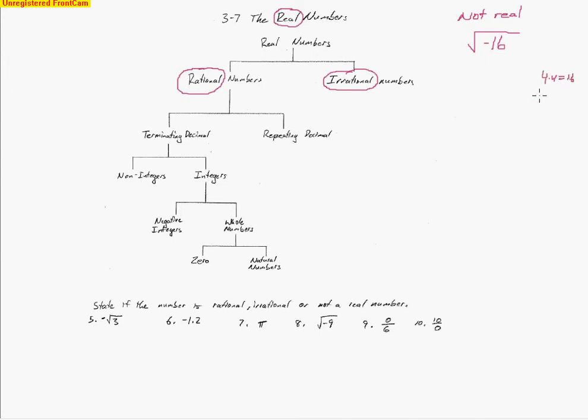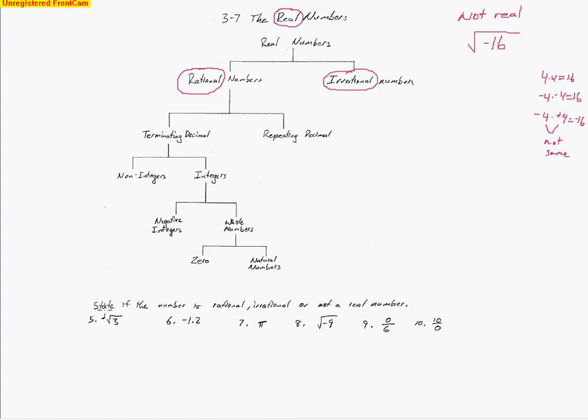I know that negative 4 times negative 4 makes 16. But I can't have two numbers that are the same that make negative 16. The only way to make negative 16 would be to have one number negative and the other number positive, but those are not the same value. And so these are not the same, so it has no square root. And so we would say this is an example of something that's not real.